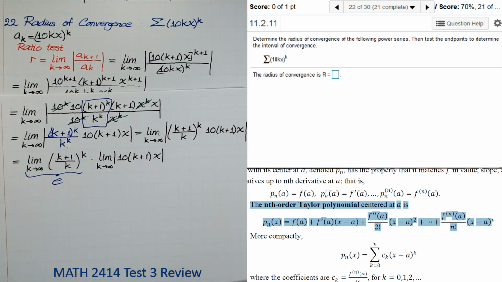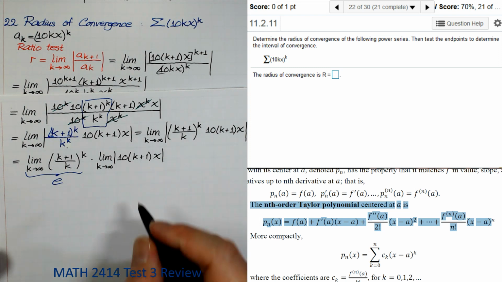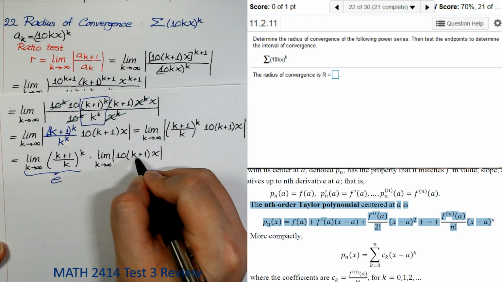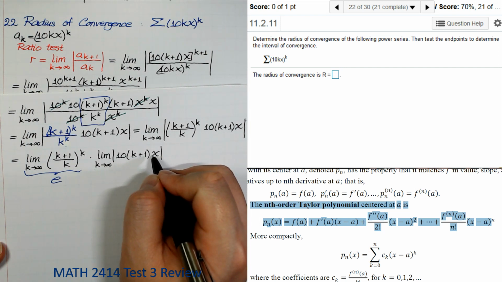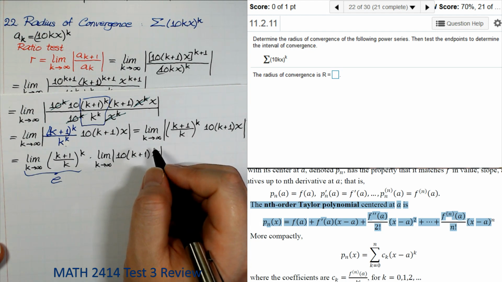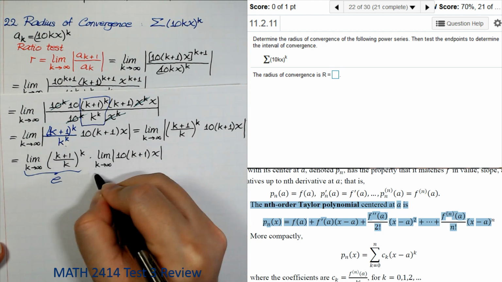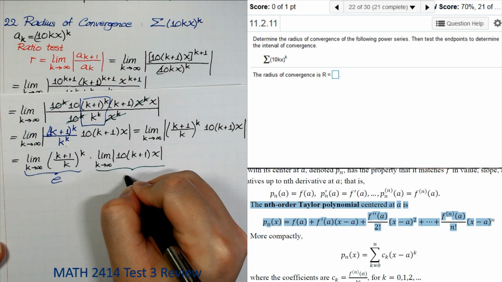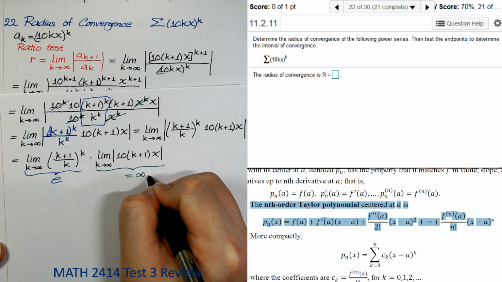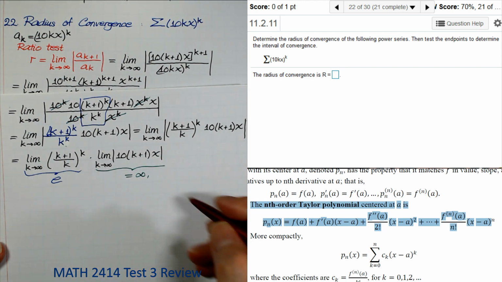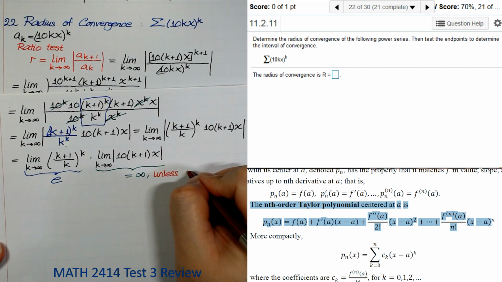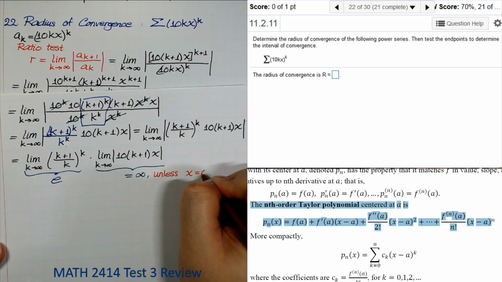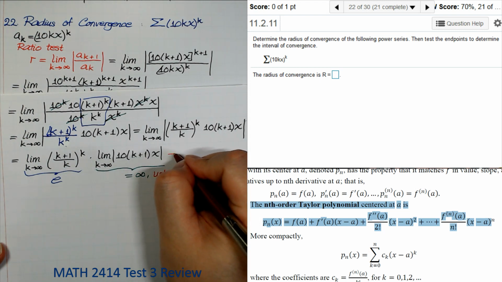Now, that's the big problem. Limit of this, where we put infinity in here, infinity times x is equal to infinity unless x equals 0, in which case this would be equal to 0.